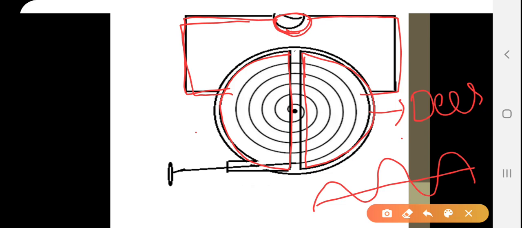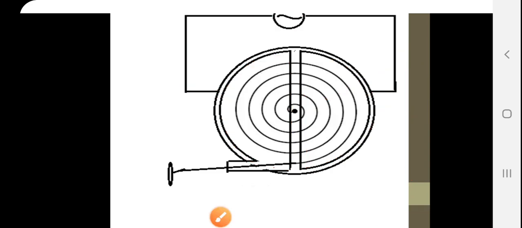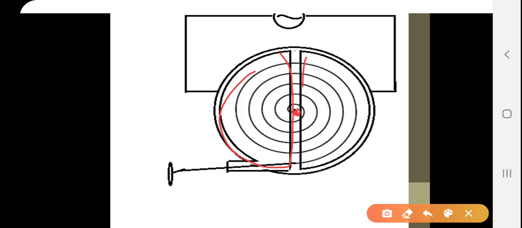See this red and black dot; it represents the ion source, from which the ions will be emitted. Now just consider a charged particle between the two terminals. This circle is one terminal, this circle is another terminal.